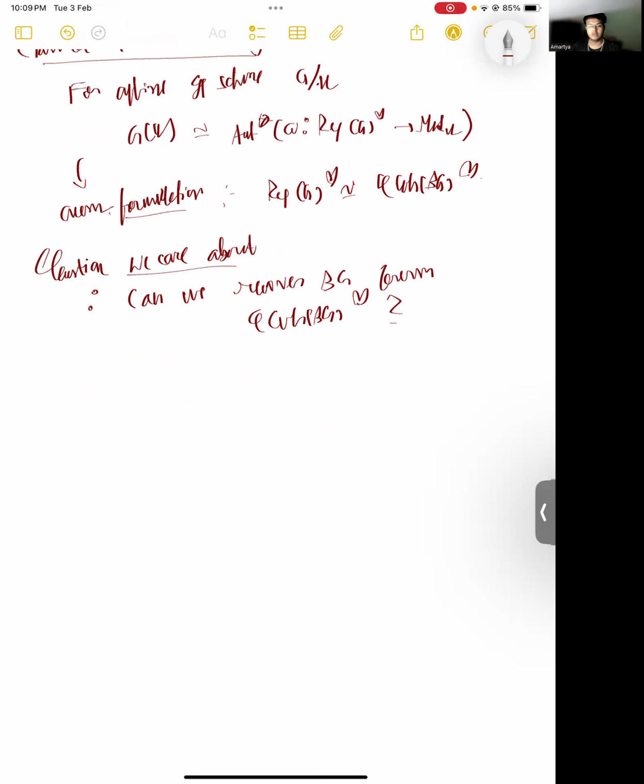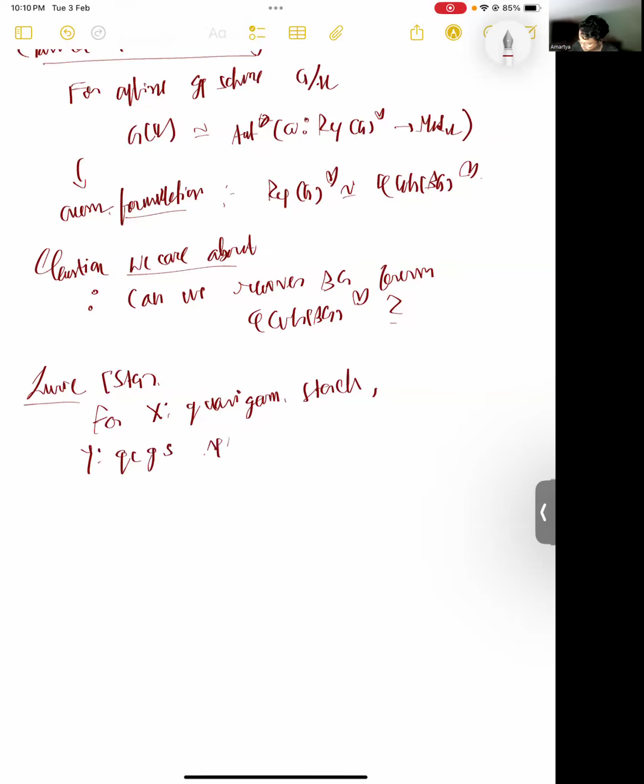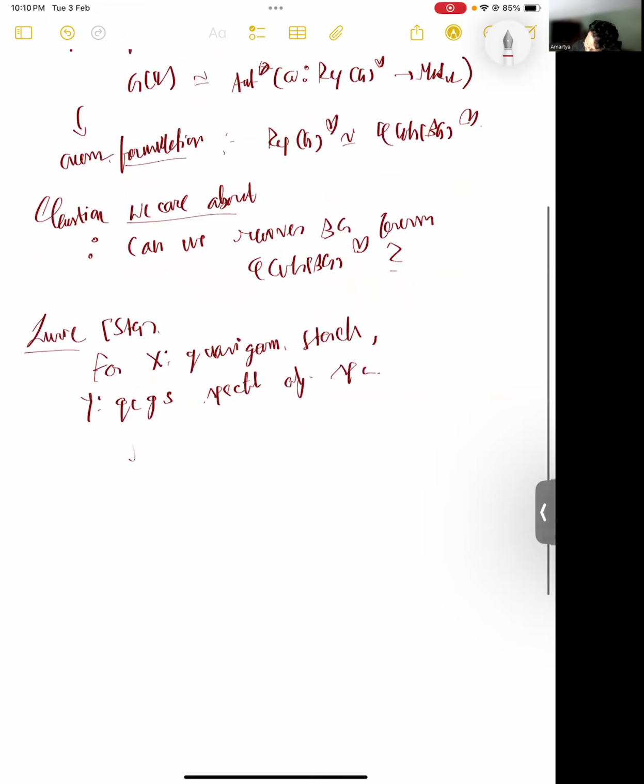Right. So Lurie proves in SAG, I don't remember the exact numbers, for X a quasi-geometric stack, and Y a quasi-compact spectral algebraic space, then you have QCoh(X) and QCoh(Y).